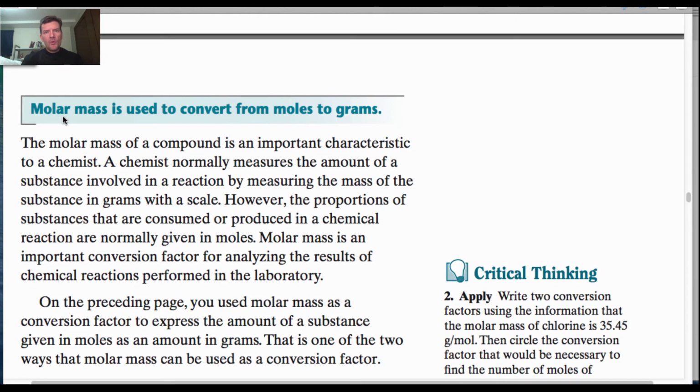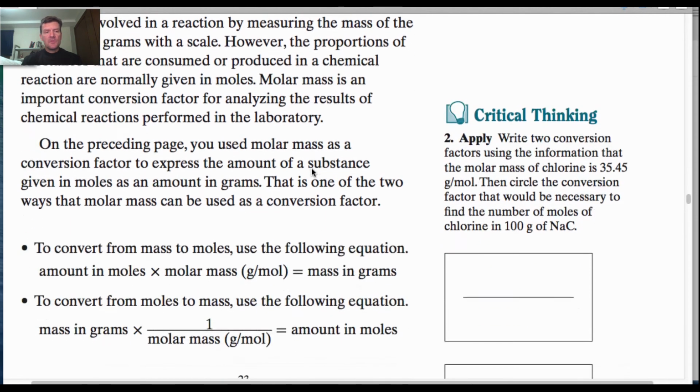Remember before we did conversions from mass to moles to number of particles. Molar mass is what we need to convert from mass to moles or moles back to mass. We have to go across the molar mass bridge to get from one to the other. You have to, okay?